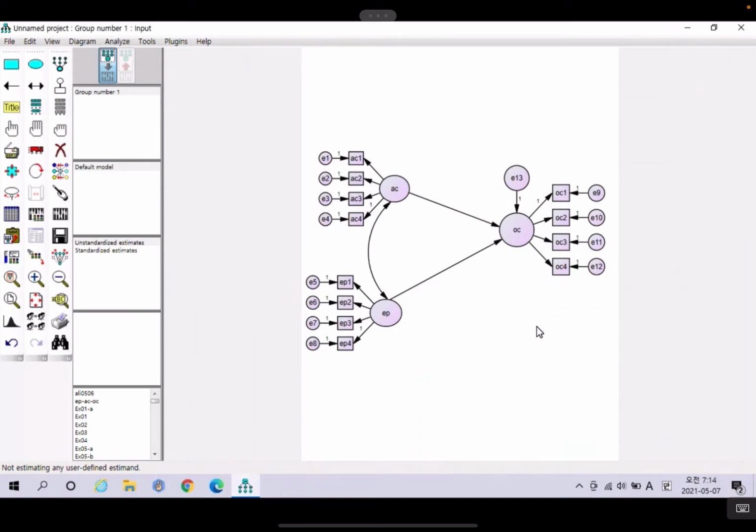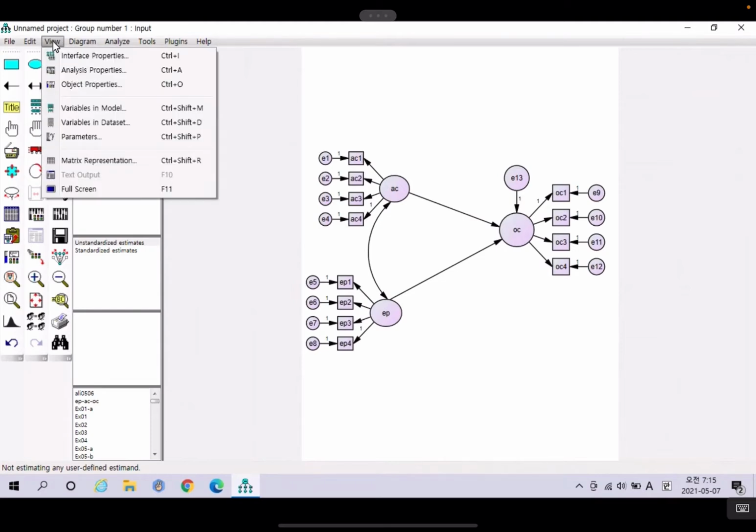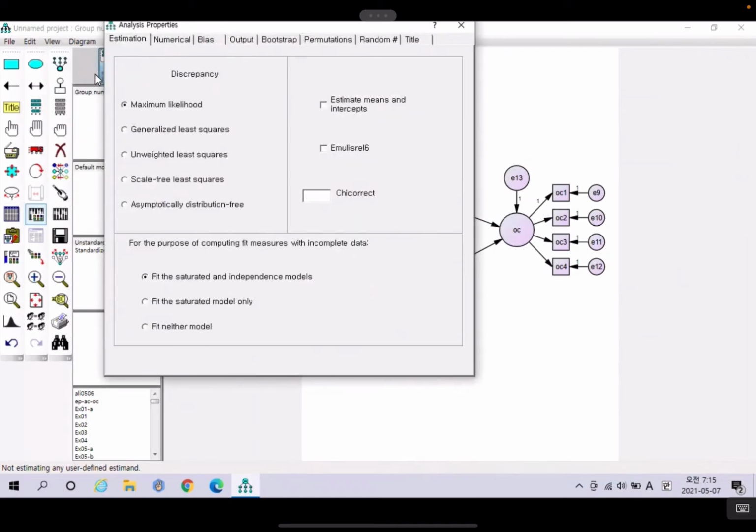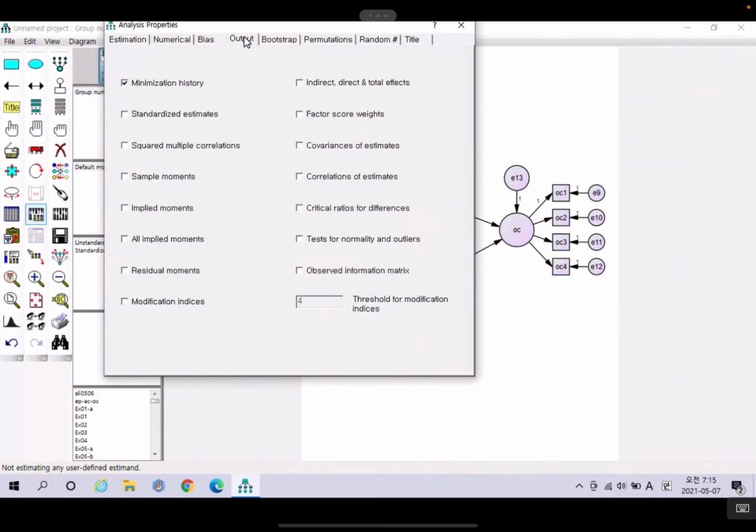Now, once you name these things, you go to the view, and you select analysis properties, right? And you choose the method here, and you click the output here, and you check standardized estimates, right?